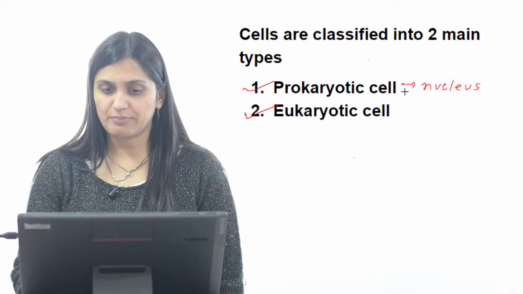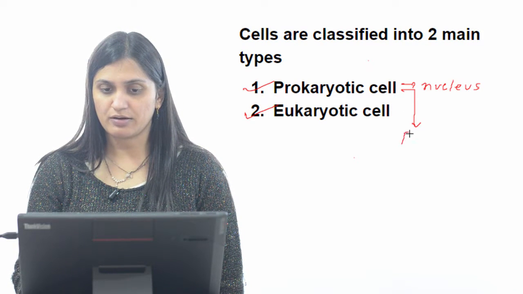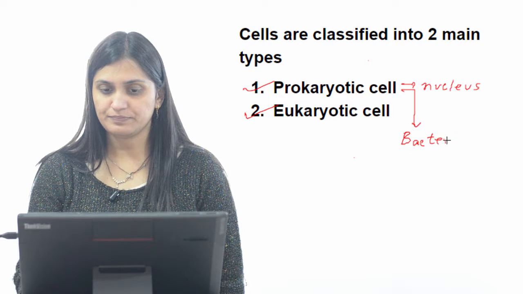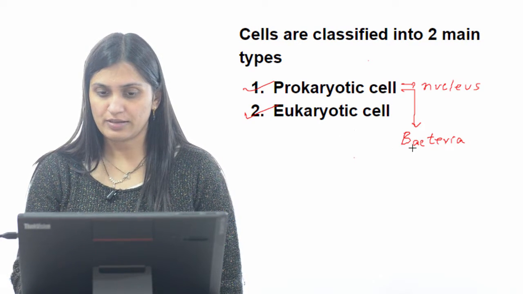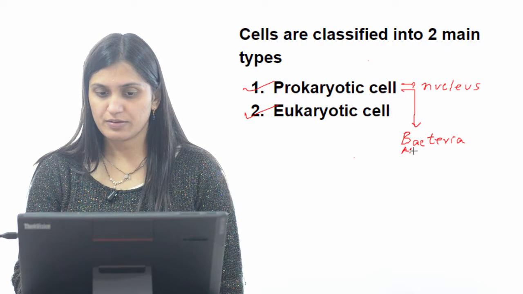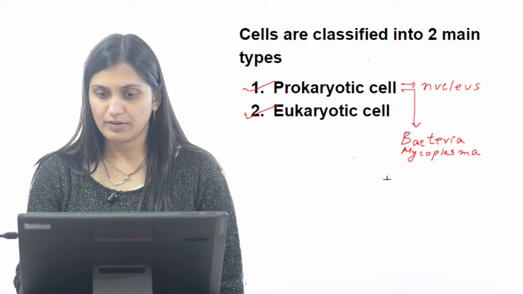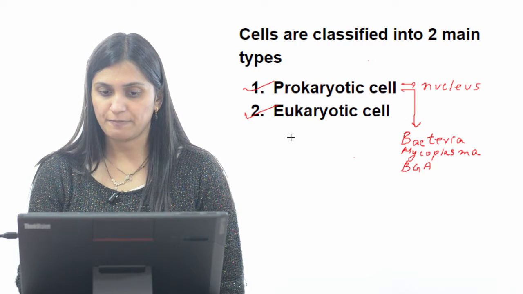Now, some of the examples of prokaryotic cells are bacteria, the second one is mycoplasma, then we have blue-green algae.